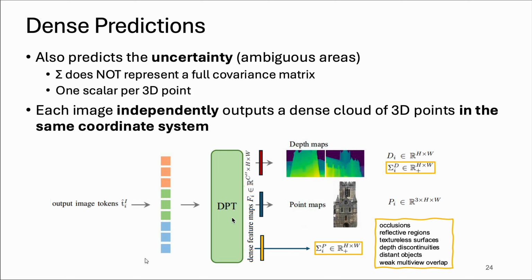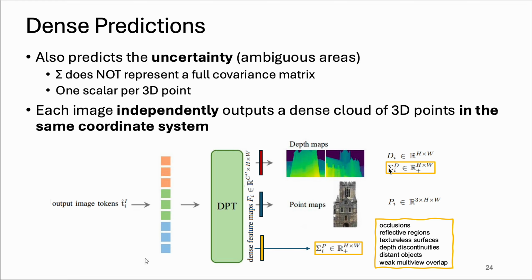The DPT module basically transforms the image tokens into dense feature maps with a dimension of C'' by H by W. Then for the different outputs, there are 4 outputs. They append a lightweight projection head to generate the first output, a dense depth map.